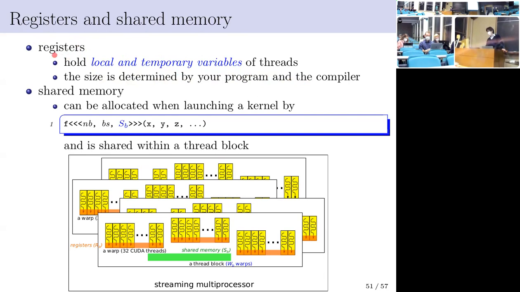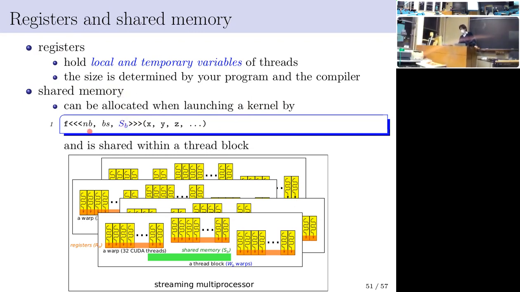So this is how the registers are determined. And shared memory is something you can explicitly specify when launching a kernel. I think I have explained this before. So you specify the amount of shared memory needed by a single thread block. This way you effectively determine the number of registers and the amount of shared memory of each thread block.